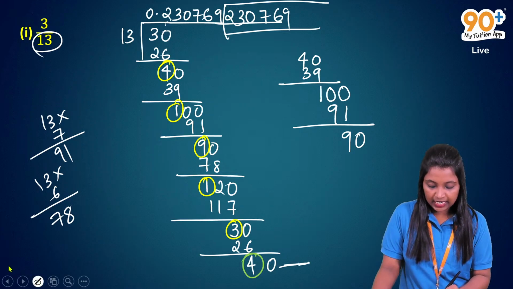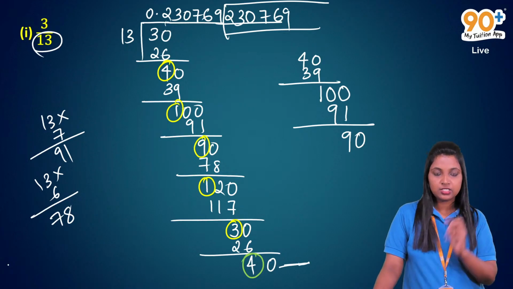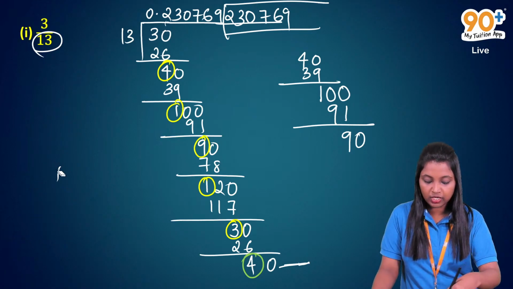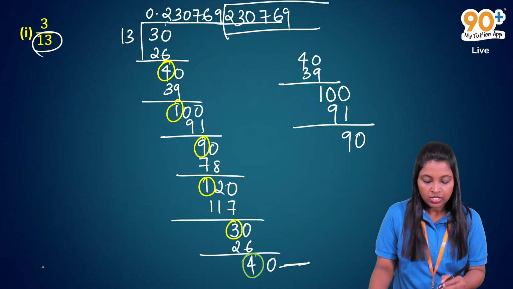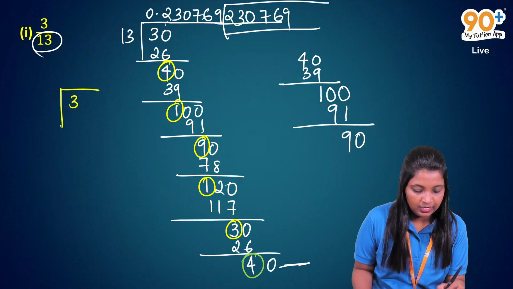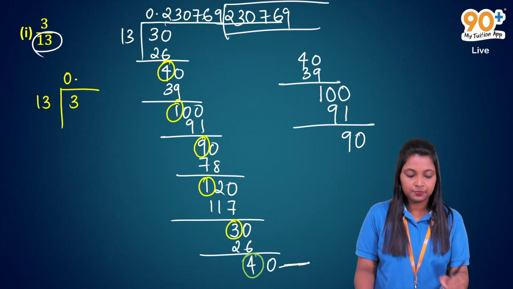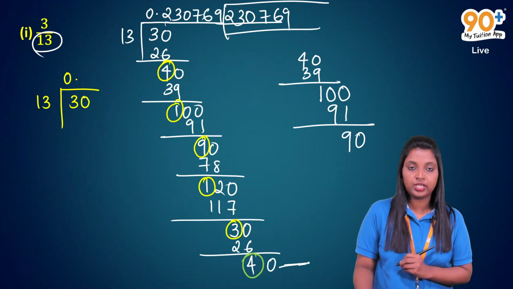First step, okay. So we are dividing 3 by 13. It is not possible to divide 3 by 13 unless we put a decimal point there. So we put a decimal point and we can put a 0 here.